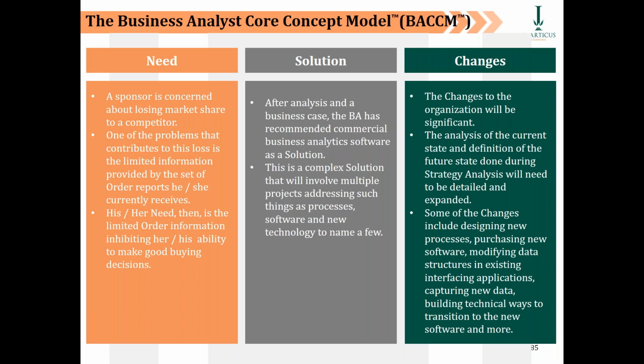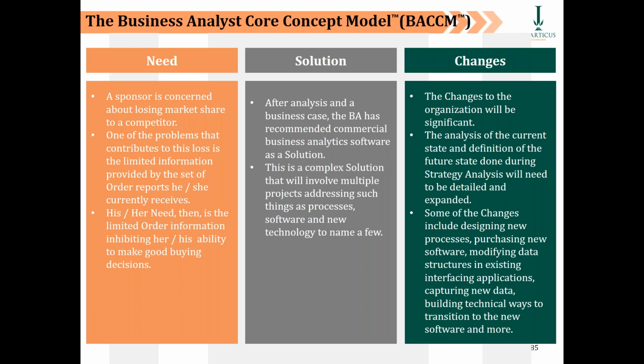Now, this is a complex solution. It will involve multiple projects addressing such things as processes, software, technology, etc. Fair enough. Because the BA has recommended a very wide solution, the changes will also be significant. So this means the analysis of the current state and definition of the future state, the as-is and to-be, has to be done in a very detailed way.